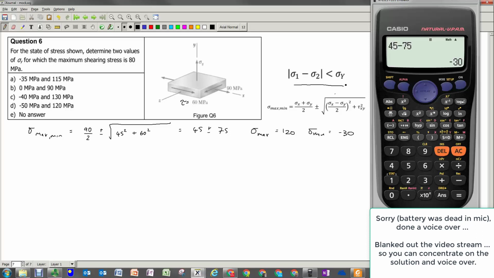Now I'm going to come to the Tresca criterion. Usually we could express this using the shearing stress. So here we've got the yield stress in the orthogonal direction, and it is two times the maximum shearing stress that can be applied.